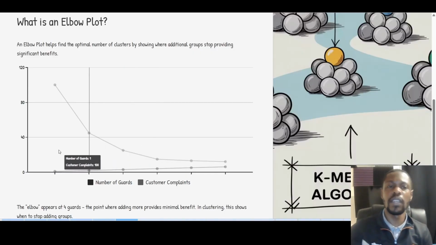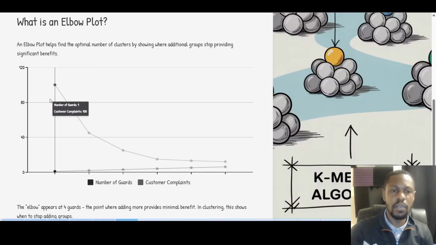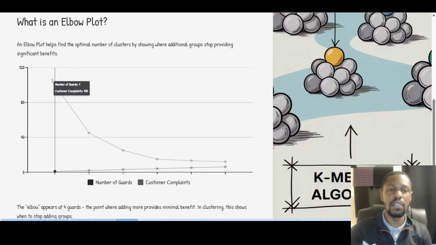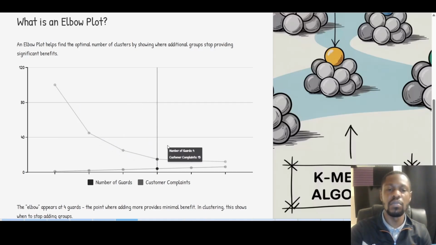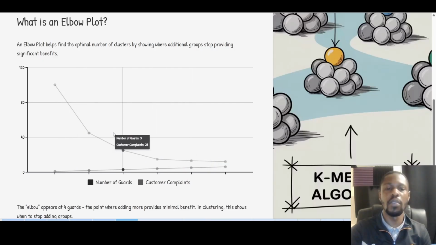And so it's called an elbow plot because of the shape. When you can see it's quite steep, and when it begins to elbow off, it forms the elbow shape.